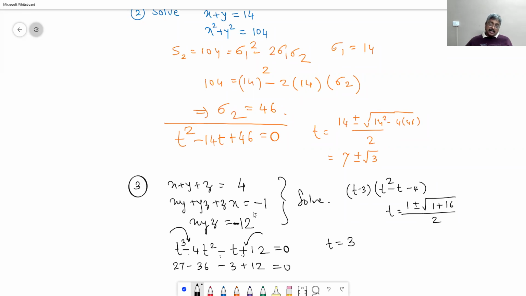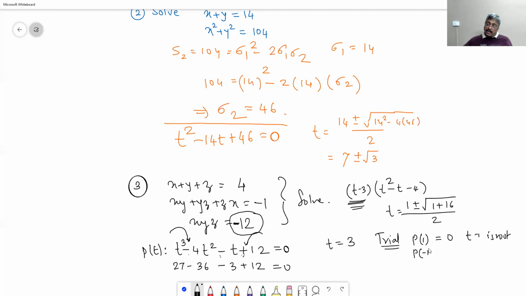So if this correction was there, then how do you get the first root? It is by trial. Suppose this is p of t. You try p of 1. If it is 0, then t minus 1 is a root.